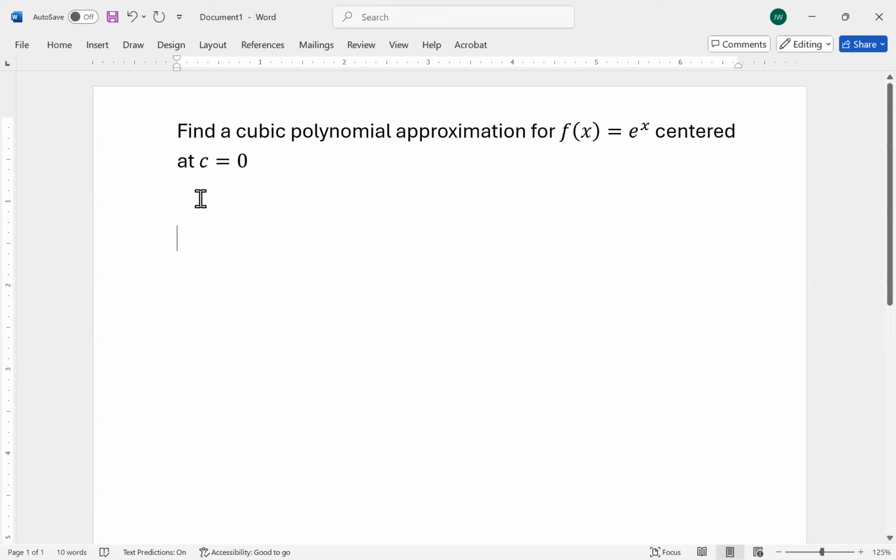We're going to find a cubic polynomial, and we're going to center it at c equals 0. So we're going to let 0 be the center. Now, let me start out by saying this. When we want a third degree polynomial, oftentimes I will denote that with capital P sub 3. Sometimes I'll make it into a polynomial function by putting P of x is equal to.